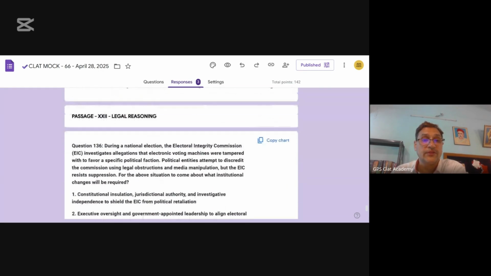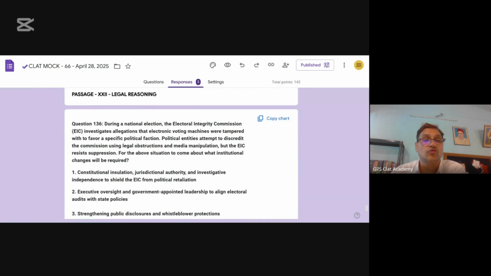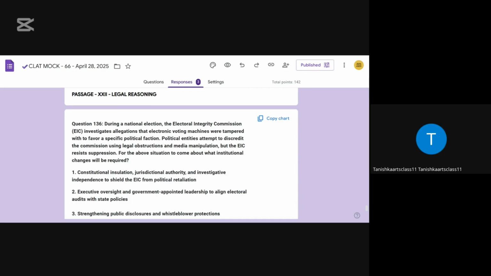all right. Please come to question 22. This passage talks about the Enforcement Directorate and the Central Bureau of Investigation, often described as a fourth branch institution, but this classification is factually flawed due to their structural and functional dependency on the executive.